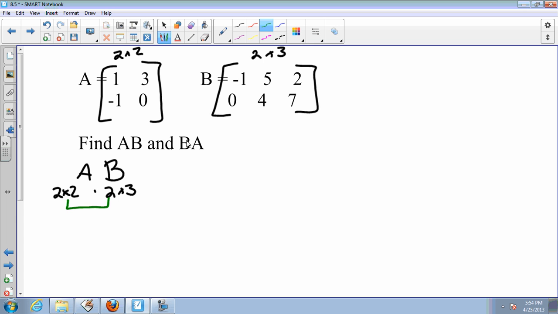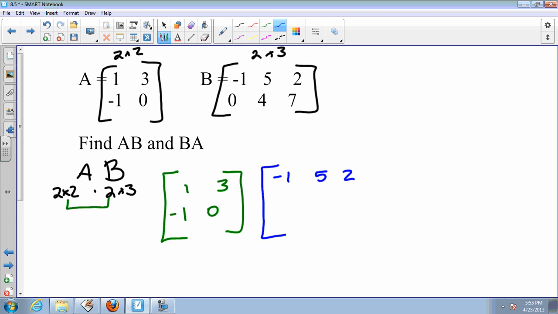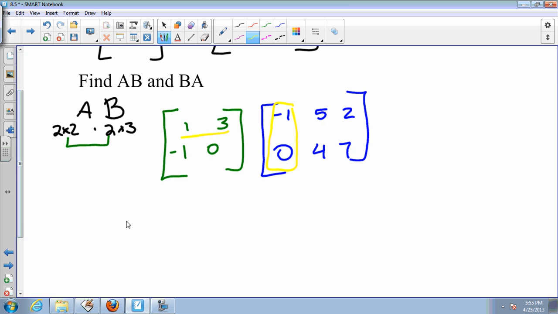So let's start by writing our matrices, A times B. We are going to take our first row of A and multiply it by our first column of B. So A1 times B1, and this is going to give us a spot, C11.